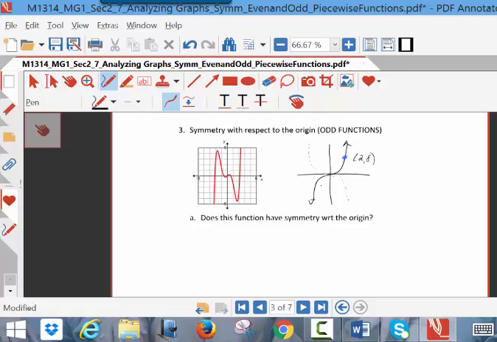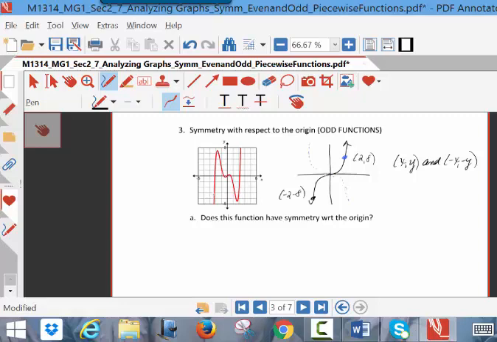When you reflect it twice, if it comes over the y-axis first, it's (-2, 8), and then if it comes down, what would it be? (-2, -8). So when you reflect over both, or you show symmetry with respect to the origin, you're going to have (x, y) and (-x, -y). A twofold process to give you symmetry with respect to the origin.